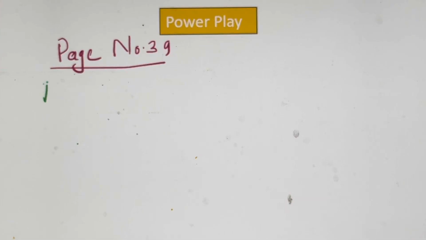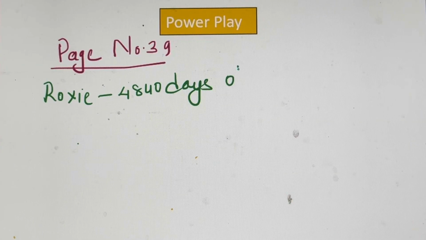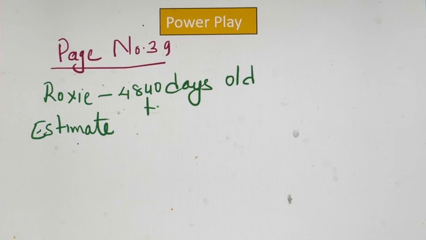So Roxy is 4840 days old, right? It is given in days. And Istu is asking a different way of saying it and we have to convert it into hours. So first let us do the estimate.